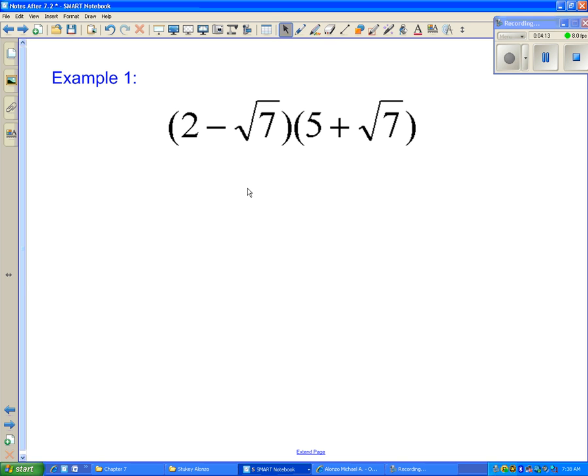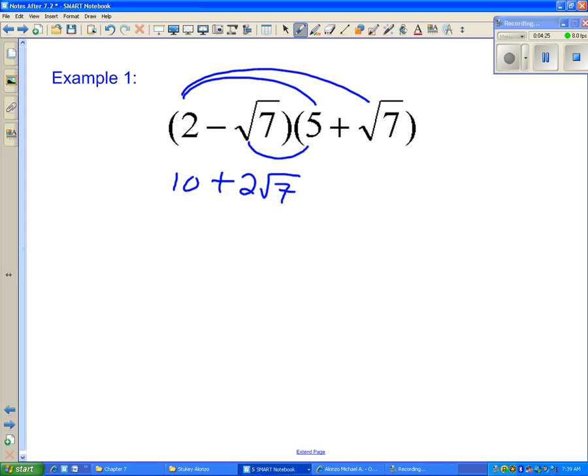So I'm going to multiply this out. I'm going to go ahead and do my first. 2 times 5 is 10. Outer, 2 times the square root of 7 is 2 square root 7. Inner, negative square root 7 times 5 is negative 5 square root 7. Last, negative square root 7 times positive square root 7 is negative square root 7 squared.